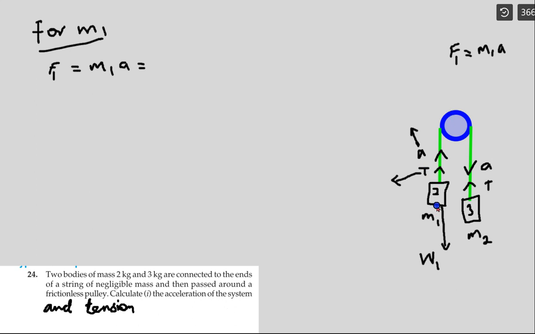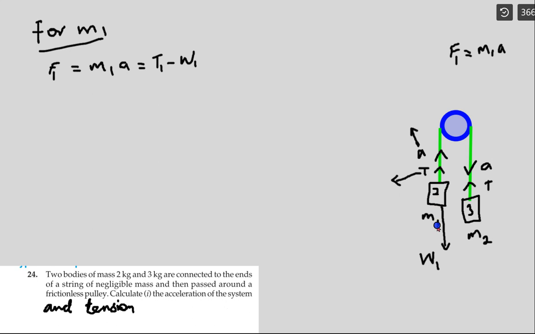That means the tension is greater than the weight of the body. So this difference will be equal to this force. That means the difference of T and the weight will give the upward force of M1.